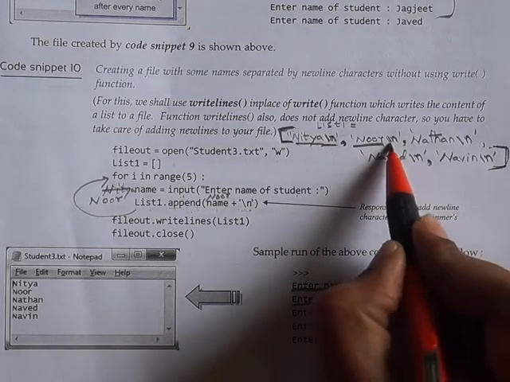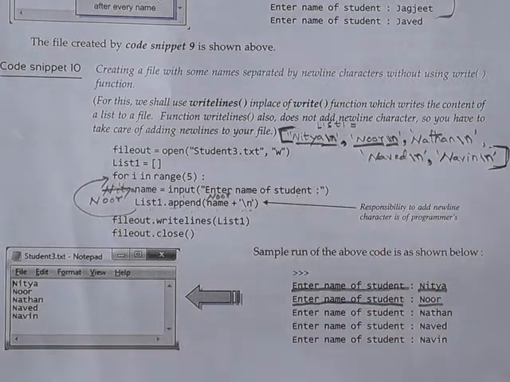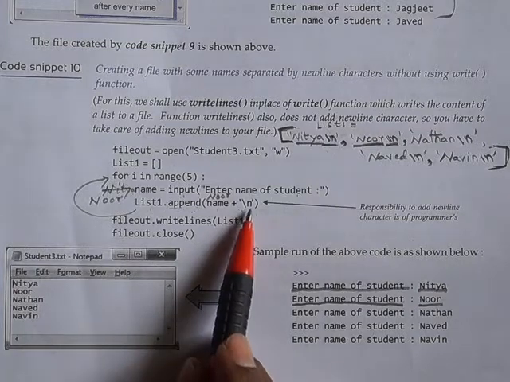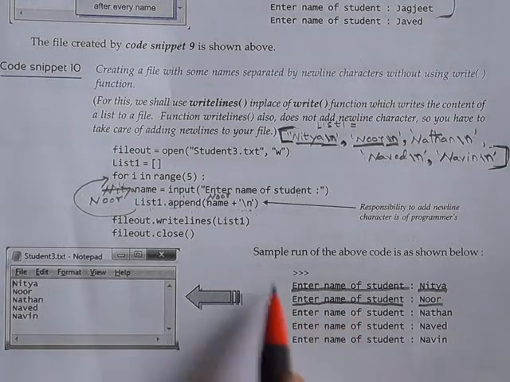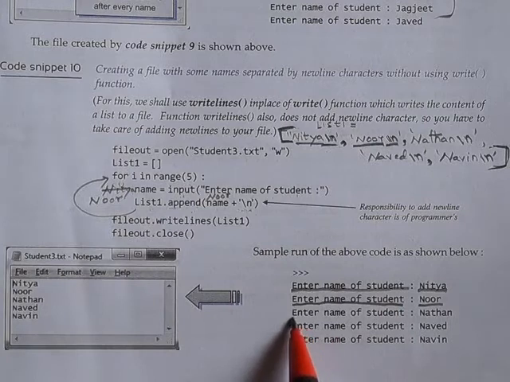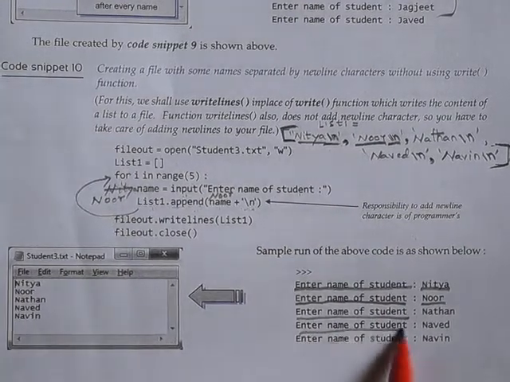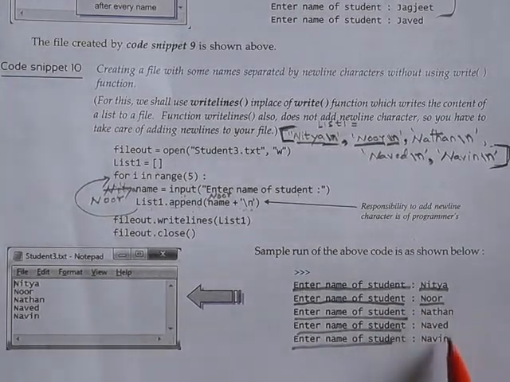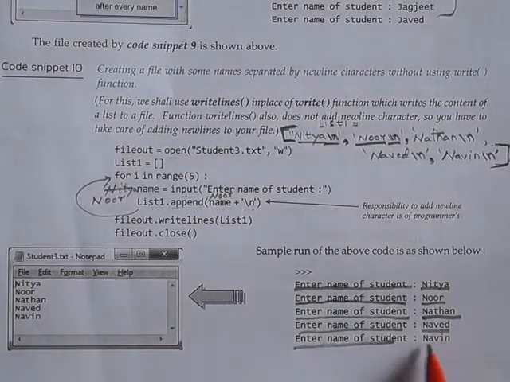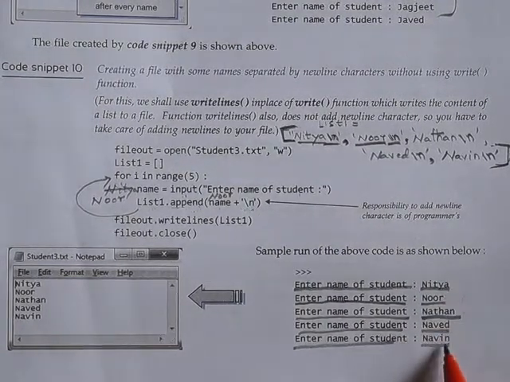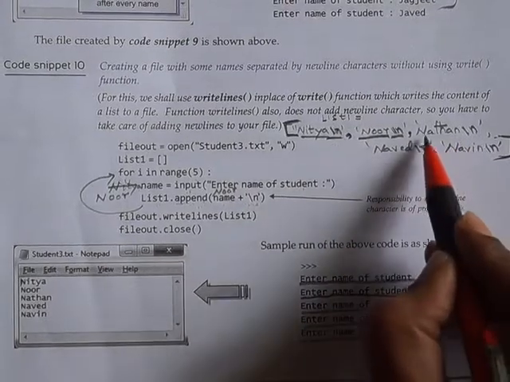So like that, totally 5 loops are there. 5 times it will ask to enter the name of the student, and 5 times you are going to give a new name. So all these names will be added in the list.